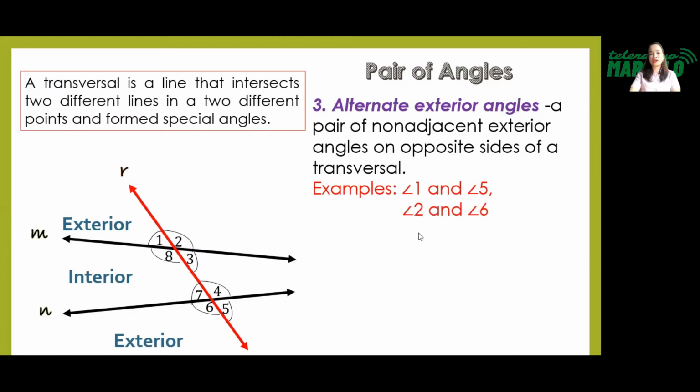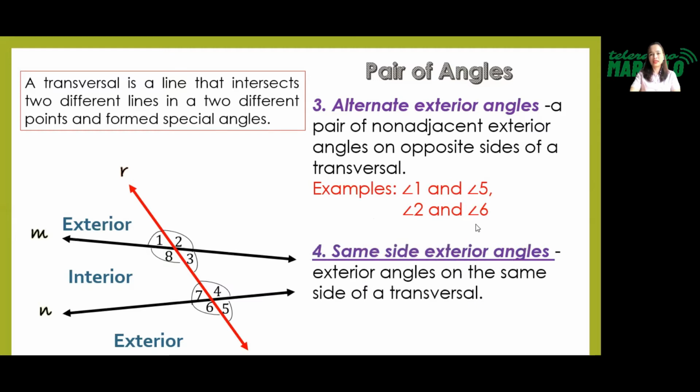For the fourth pair of angles, we have the same side exterior angles. Exterior angles on the same side of a transversal. Those are 1 and 6 and 2 and 5.